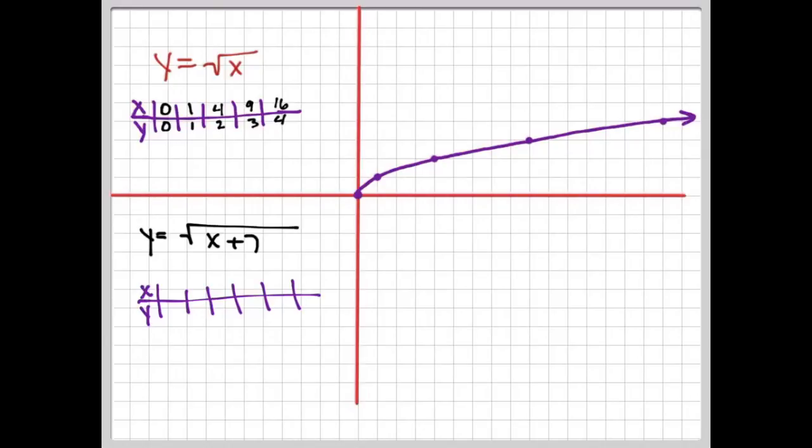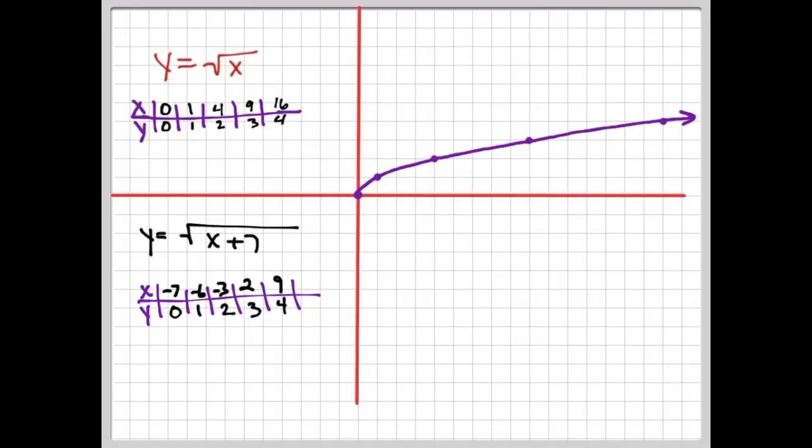Subtract 7 from each x, which is going to make it -7, -6, -3, 2, 9. And then our y values don't change because -7 plus 7 is 0, and the square root of 0 is 0. -6 plus 7 is 1, and the square root of 1 is 1. So everything works the exact same way.